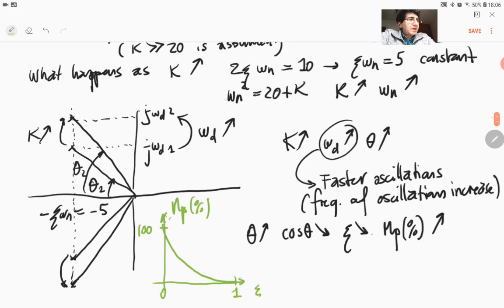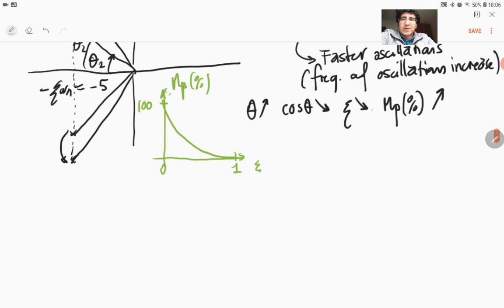Also, we can comment on other parameters. For example, the peak time, the time where the first peak happens in the oscillations of our system, is given by pi over omega d, and this gets smaller. So peak time decreases.